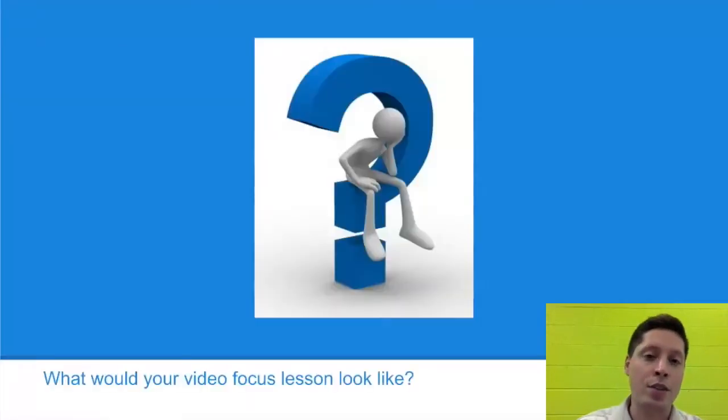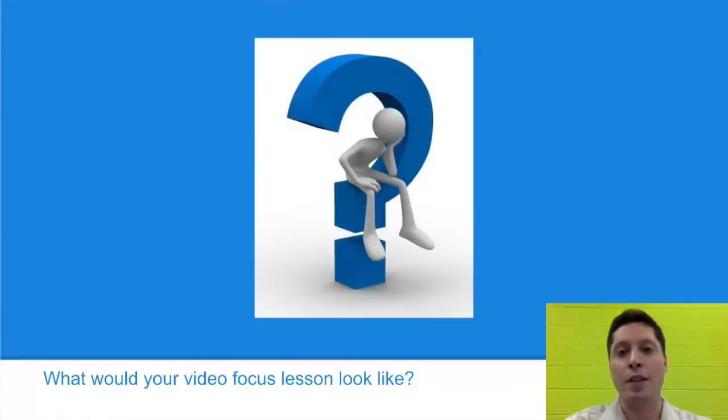And after you've done so, I want you to have another discussion with your partner. And with this discussion, I want you to talk about what your video focused lesson would look like. So you've already shared an idea for a flipped instruction lesson, and you've talked about some of the hurdles that you might have to overcome. Now I really want you to focus on just the video piece.